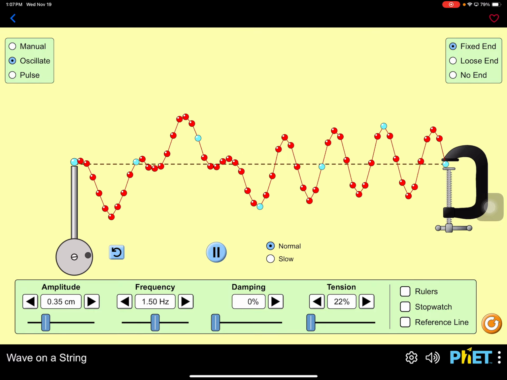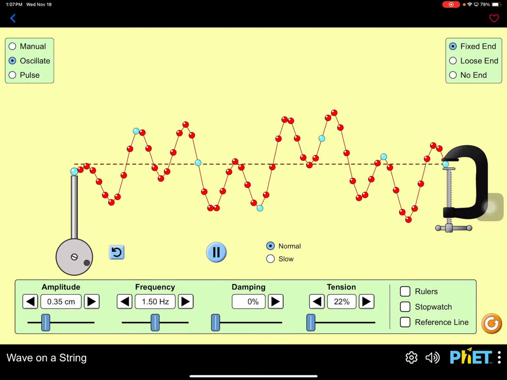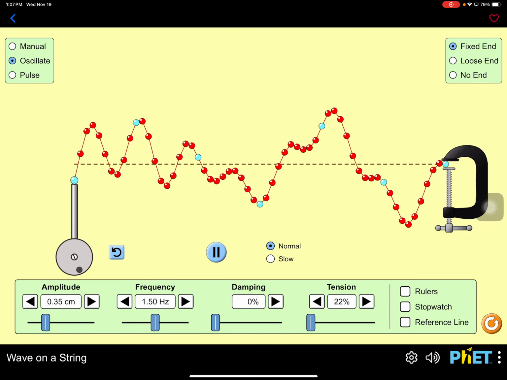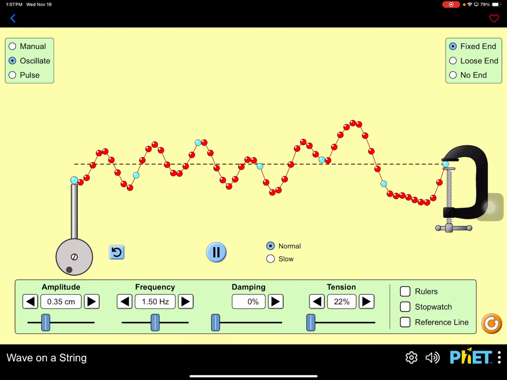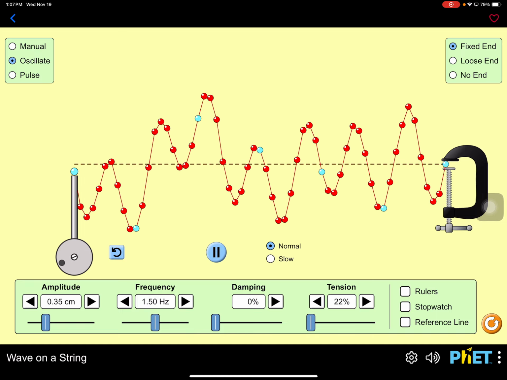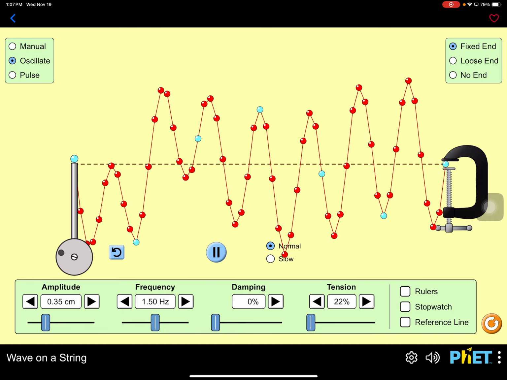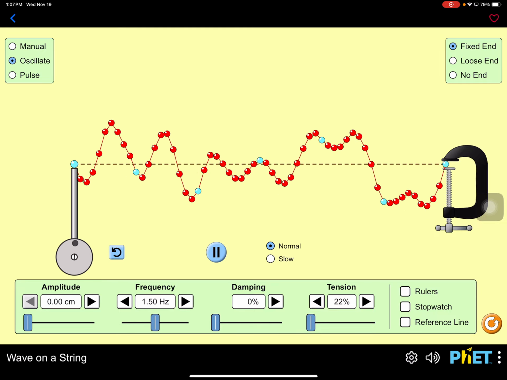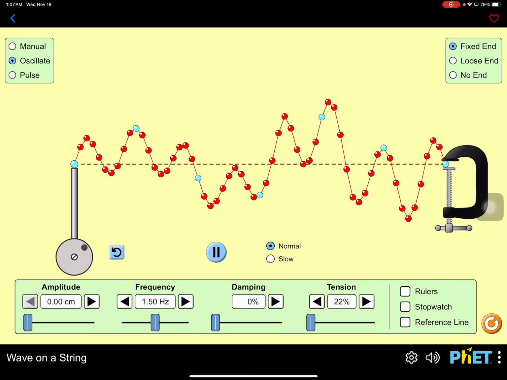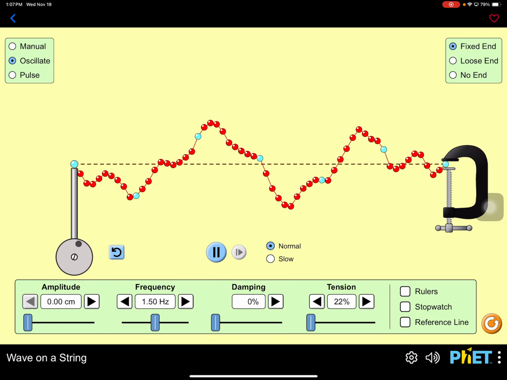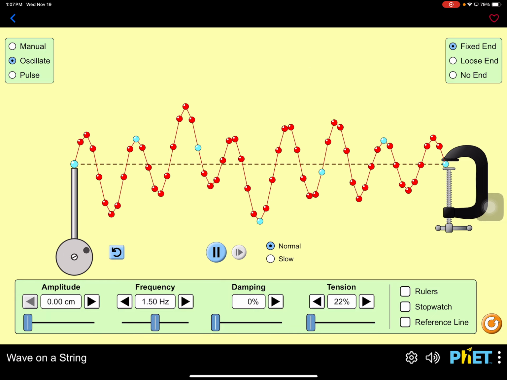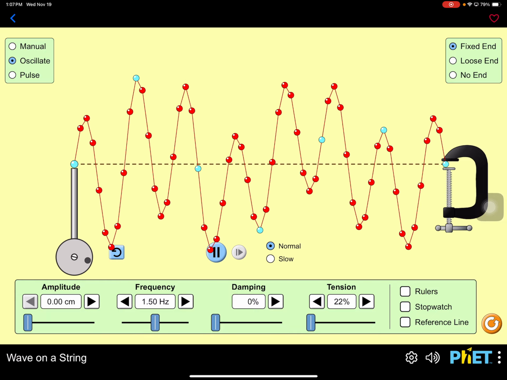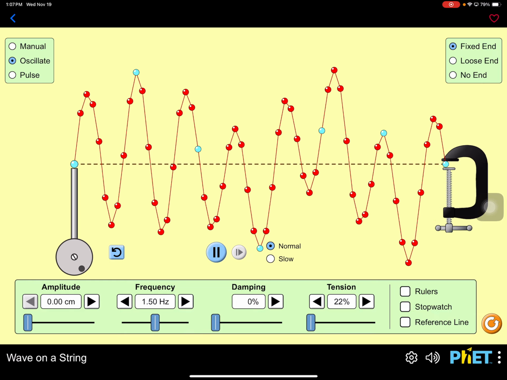We need to give it a second to settle down. It turns out that the speed of the wave depends on the tension.